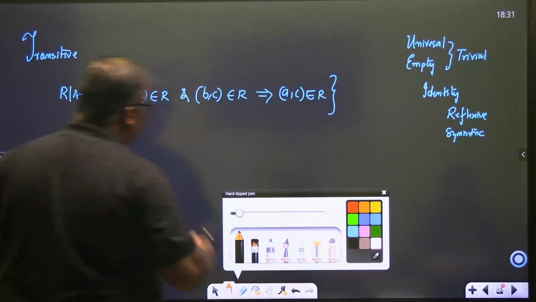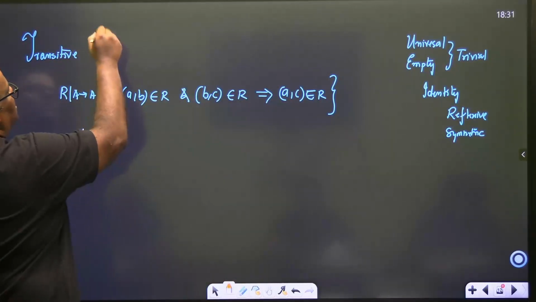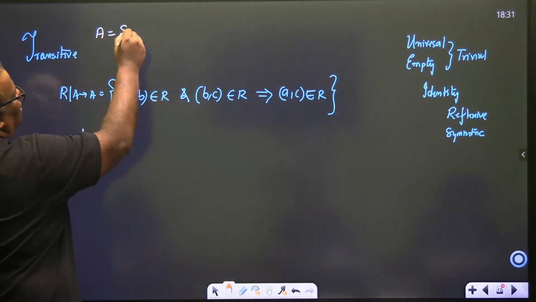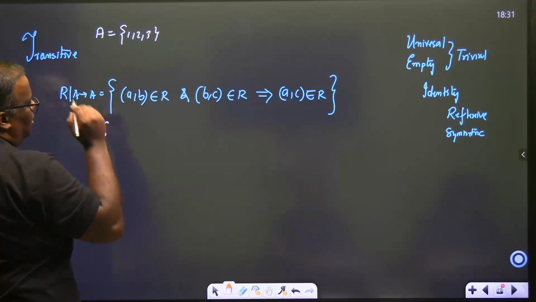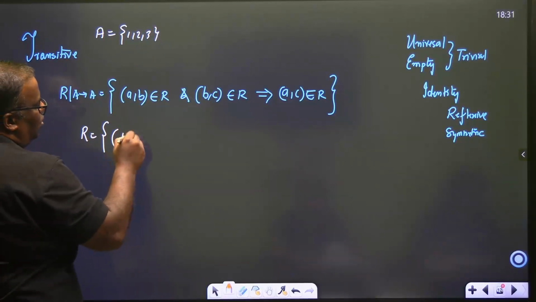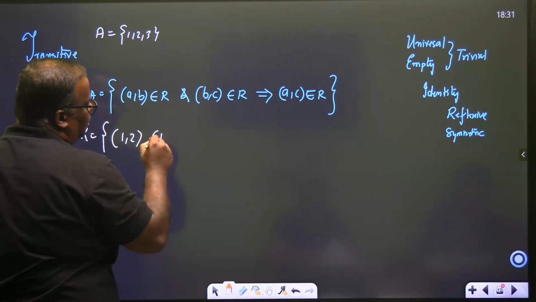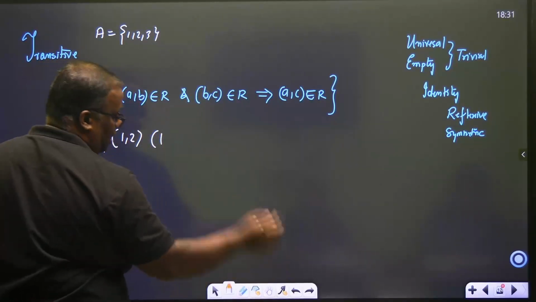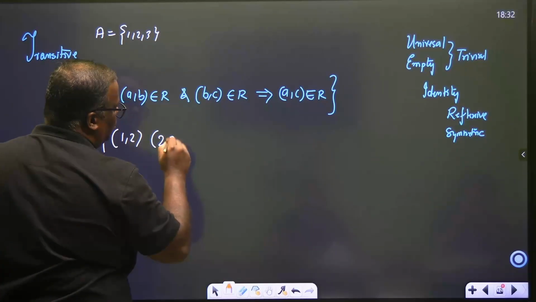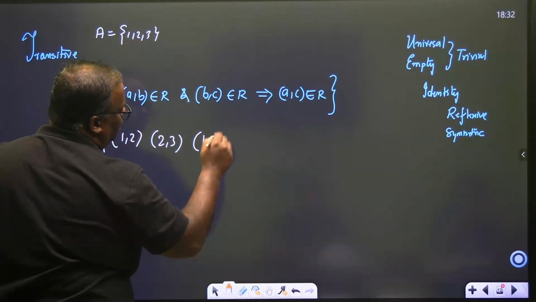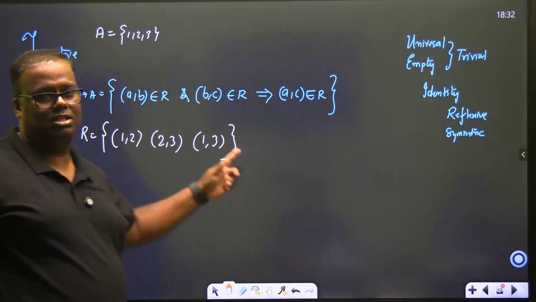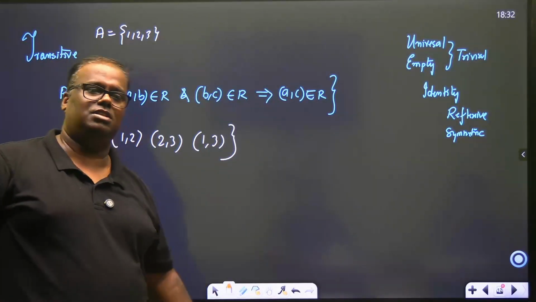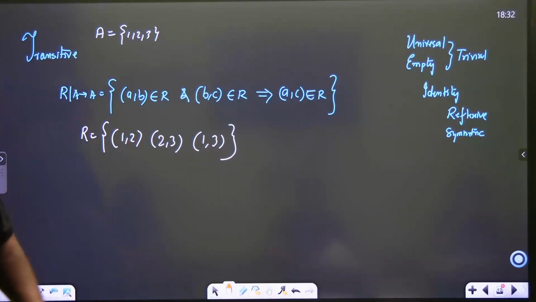The easiest one is, again, my set A, which has 1, 2, and 3 as its elements. I say a relation R in which I have (1, 2), (2, 3), and (1, 3), which is very easy. (a, b), (b, c), (a, c). Is it transitive? Yes, it is transitive.